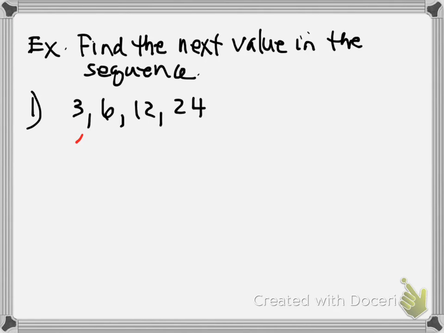So let's see, 3 times 2 is 6. If I multiply 6 times 2, I do get 12. If I multiply 12 times 2, I get 24. So based on that observation, I'm able to come up with what I think would be the pattern. So I'm going to multiply the 24 by 2, and that's where the 48 comes from.